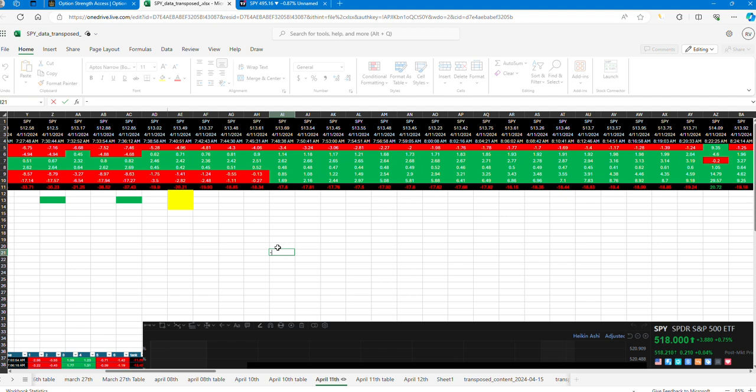Let me give you an example: negative 17.80, and let's do positive 90, or 17.90. I'm going to explain to you how this is calculated.